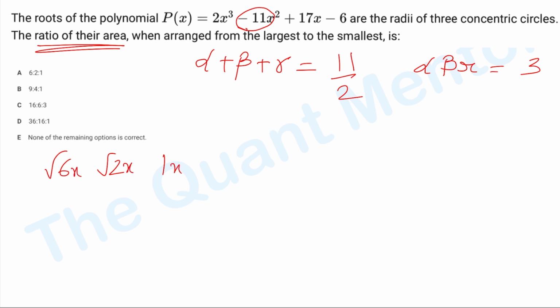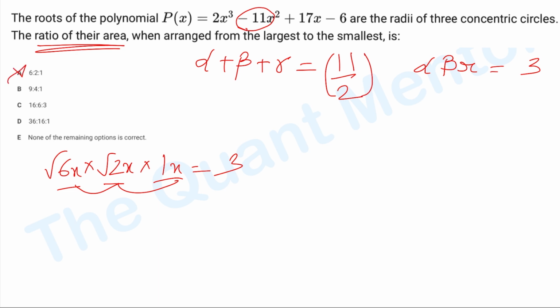Now if you observe carefully, their product should be equal to 3. Without solving in detail, we can observe that x cube will have a square root sign, so x will obviously not be a rational number. If x isn't rational, the roots are not rational, and then their sum can't be 11 by 2. So obviously option A is ruled out.